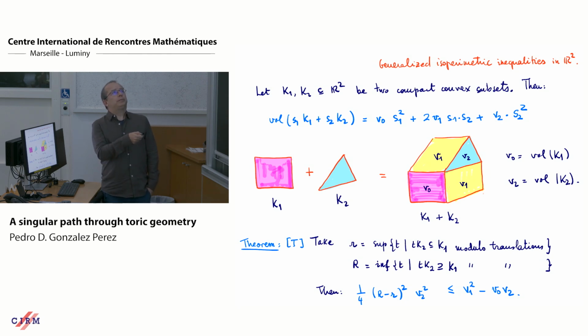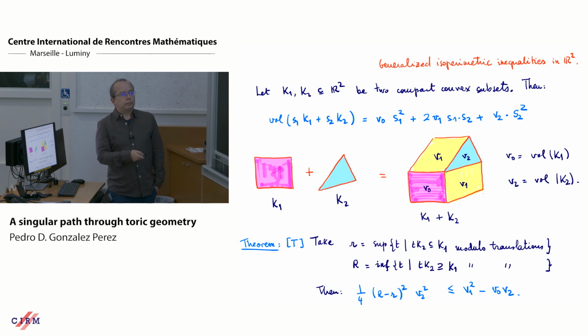And now if we take two convex subsets and we make this Minkowski sum, then we get this homogeneous polynomial in two variables.